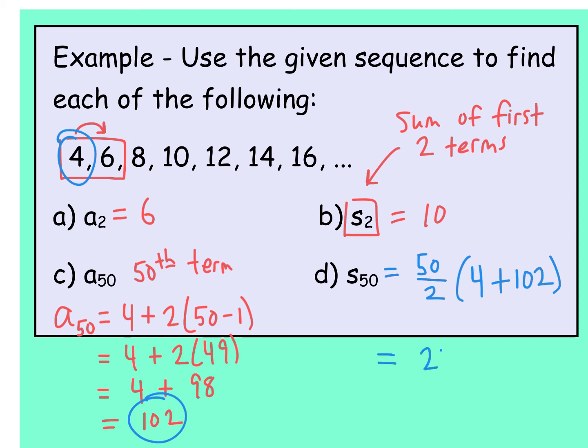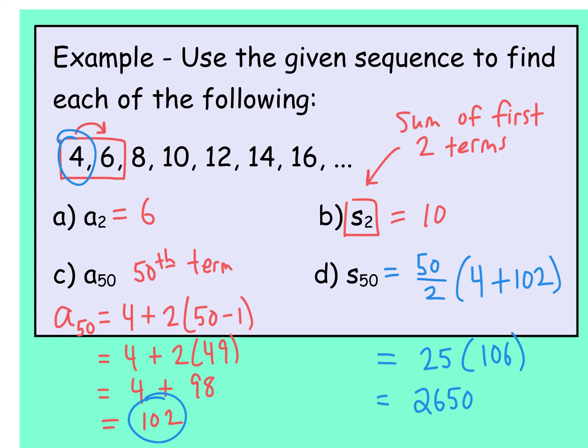So 50 over 2 is 25. The 4 plus 102 is 106. And 25 times 106 will get us a sum of 2,650. So that would be the sum of the first 50 terms.